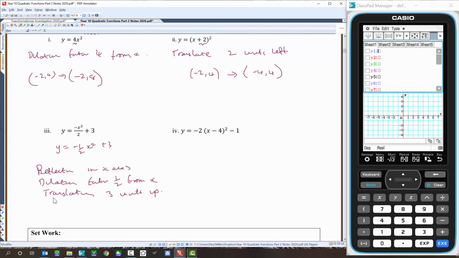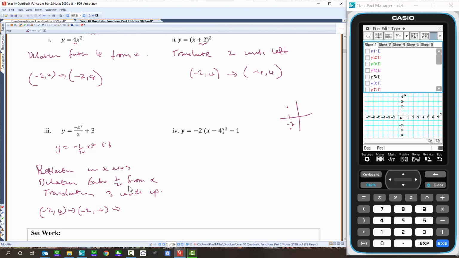Remember our original point on y equals x squared is negative 2, 4. What does it become after the reflection? Well, the x value stays the same and the y value gets negated. That negation of the y value will flip it and in essence reflect it in the x-axis.